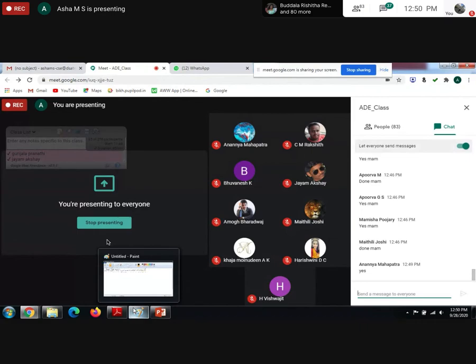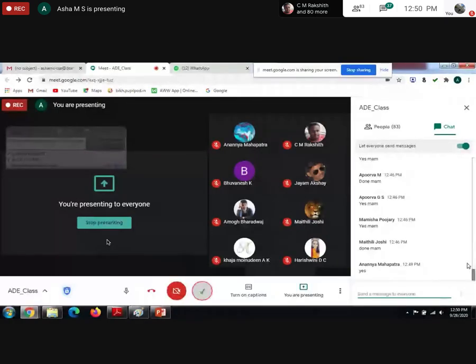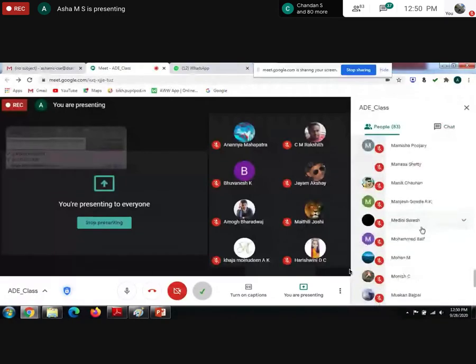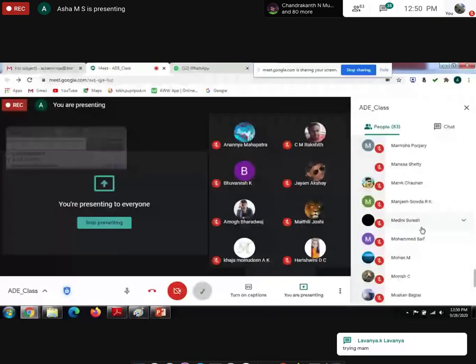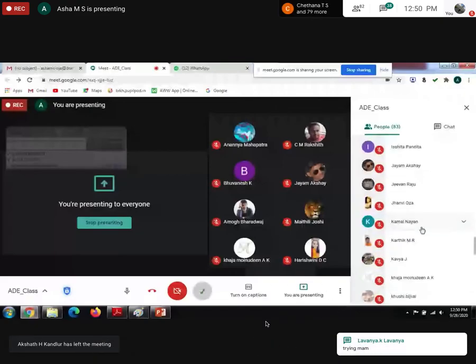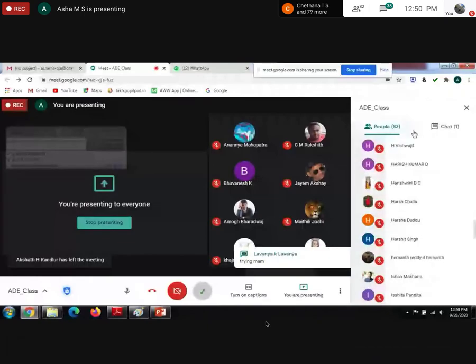So instead of a truth table, here directly write the K-map. That's it. Lavanya, Karthik, Bhuvanesh, Sudhir, Yusuf, Manasa, Pranav, Jayam. Lavanya is trying. What about others?